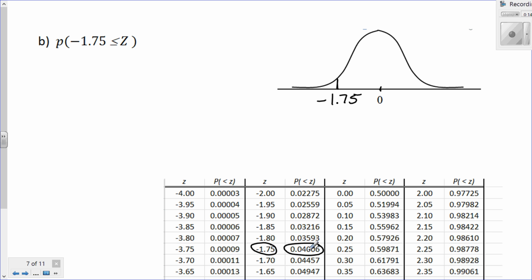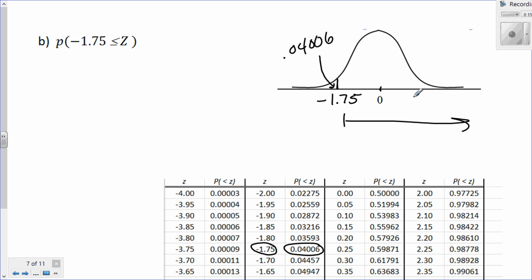So again, we're always given the probability of being less than the particular Z score. So this area here is quite small, 0.04006.